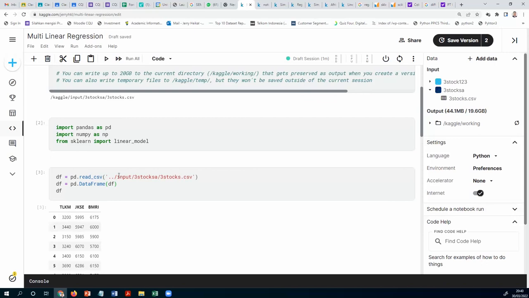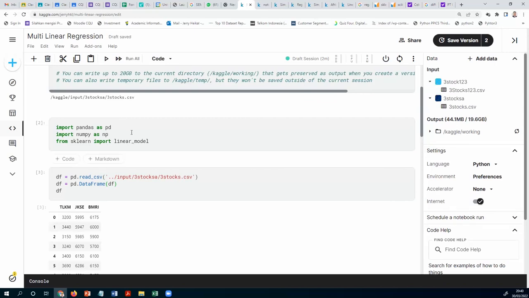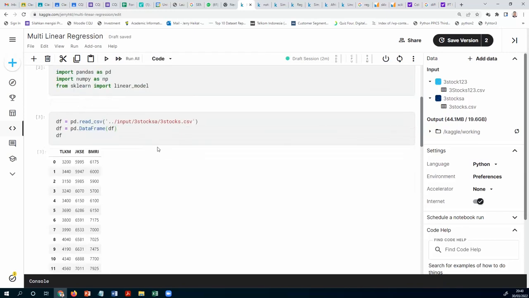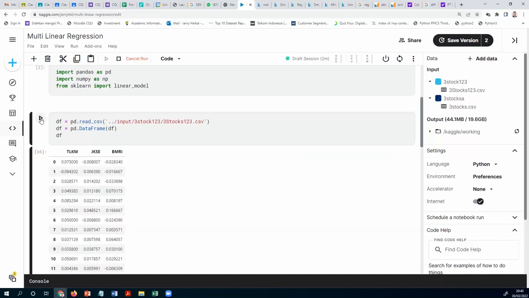Okay, so we import pandas as pd, import NumPy as np. And then from scikit-learn, we import linear_model, as usual. Then we read the CSV data. So this is the data: Telkom, Jakarta Stock Exchange, Mandiri.